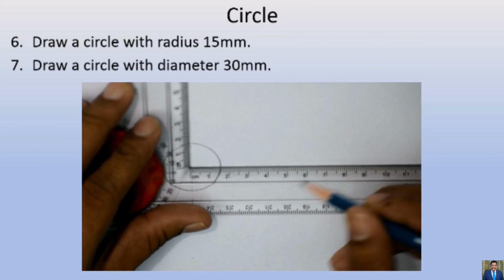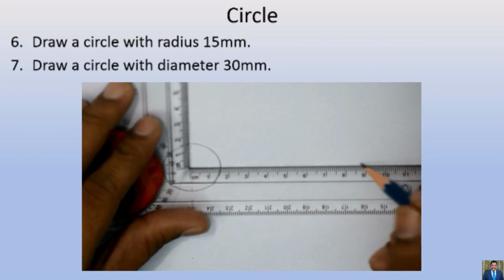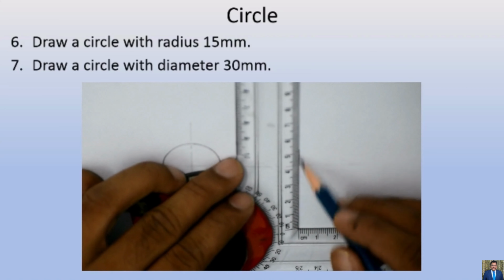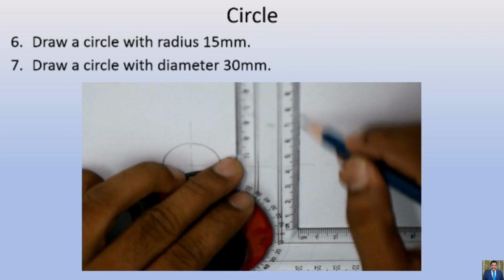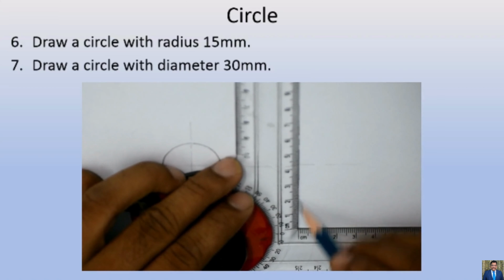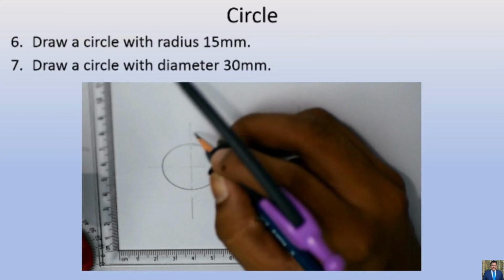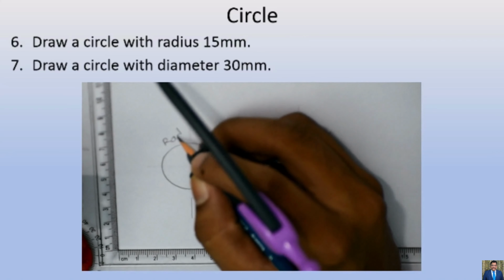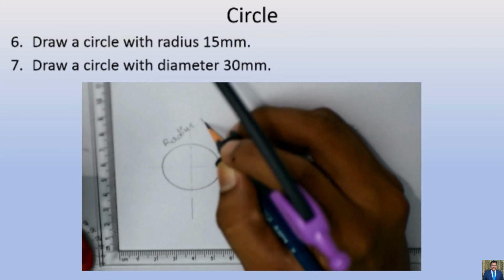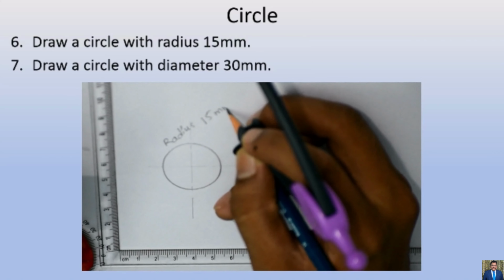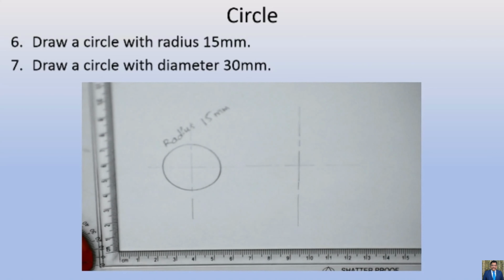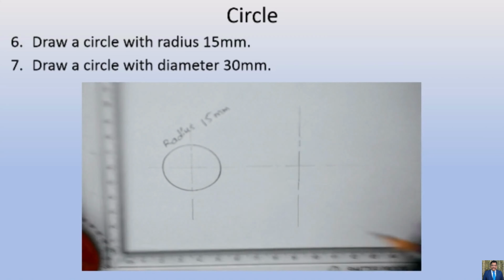So I'm just taking one more axis line, extending it so that I can draw the seventh question here, which is 30 mm diameter. This is radius 15 mm. This is not the actual way to write the dimension on a circle. We will see dimensioning in the next lecture. For now, just observe the difference between radius and diameter.